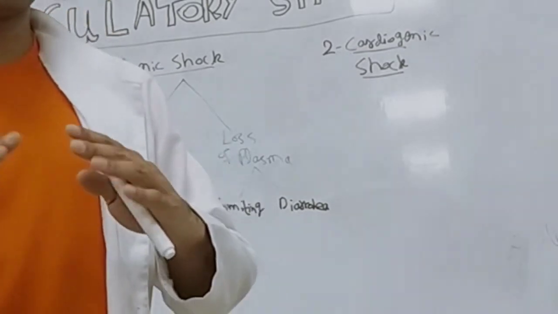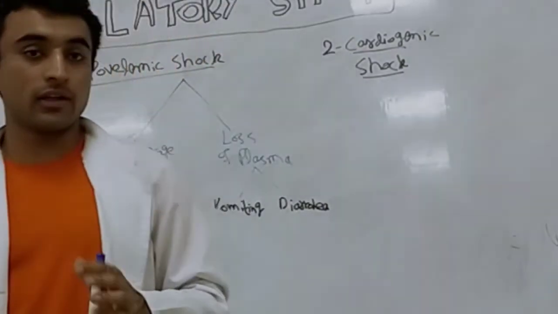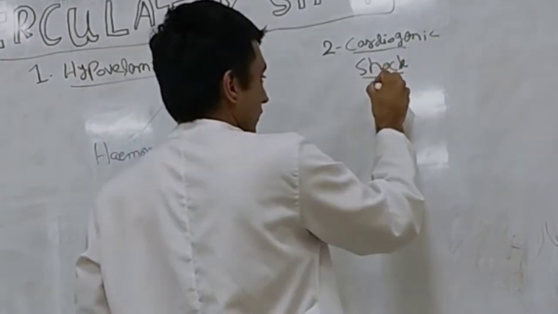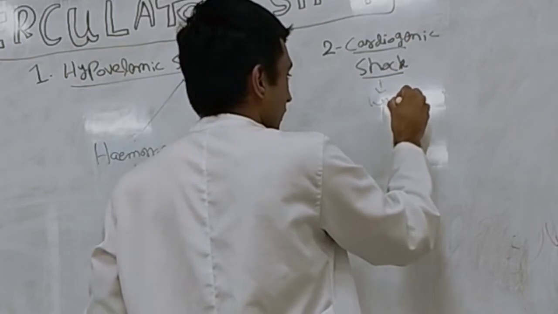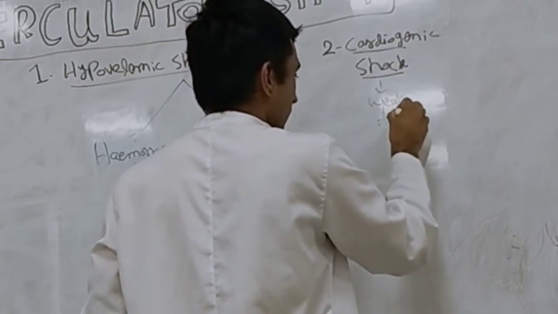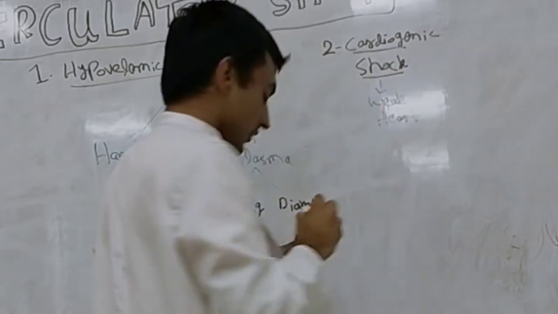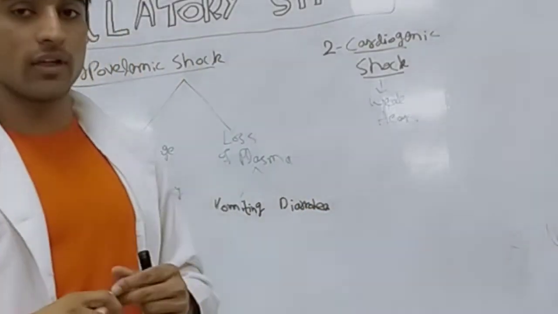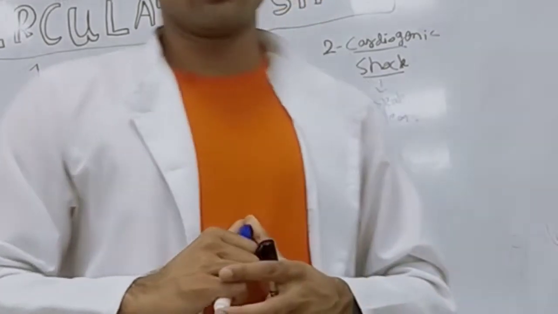So inability in the pumping of the heart leads to the cardiogenic shock. Due to the weak heart, cardiogenic shock occurs because it leads to decreased cardiac output, as the heart is unable to pump enough blood towards the whole body.